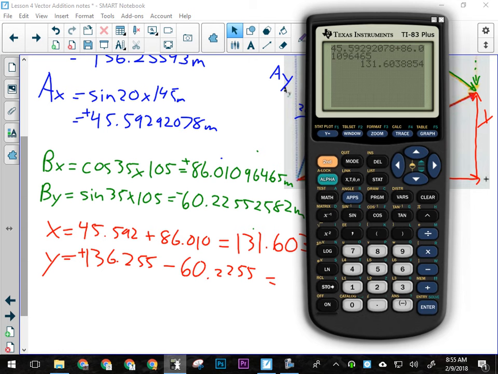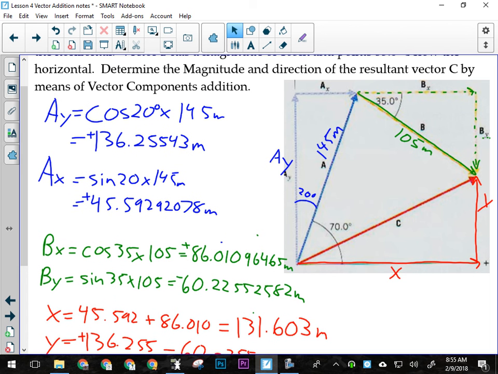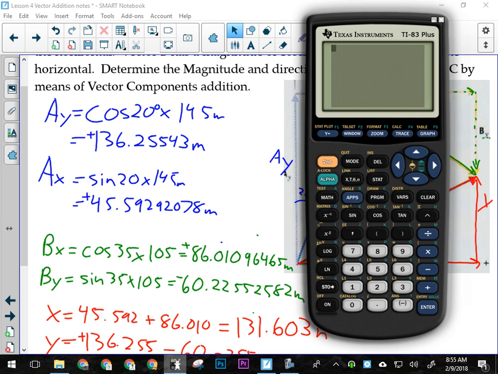Okay. We'll double check it. Anybody else get a different number than that? Okay, well, actually, that saves me time because now I have that number and I don't have to type it in.